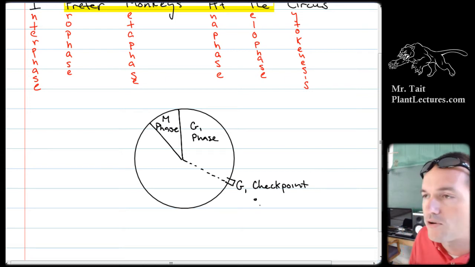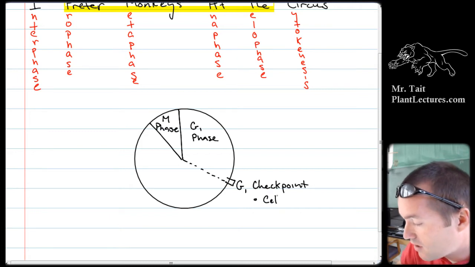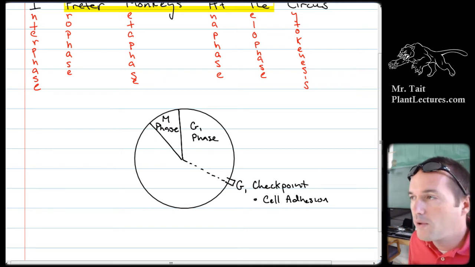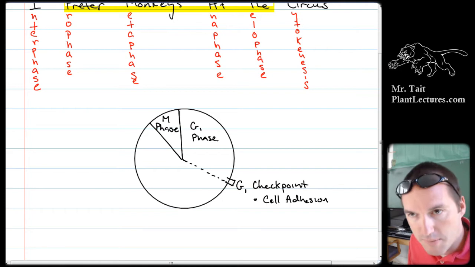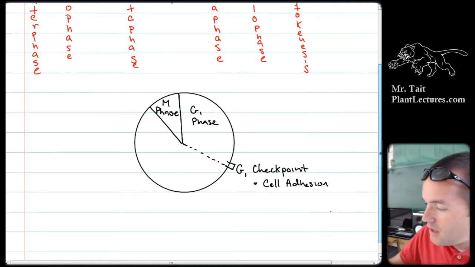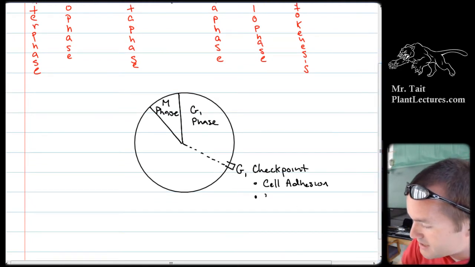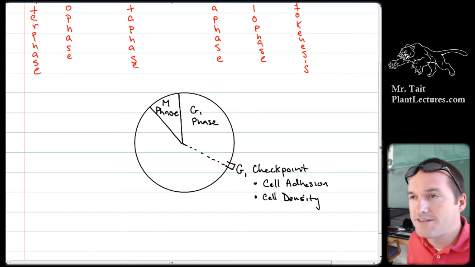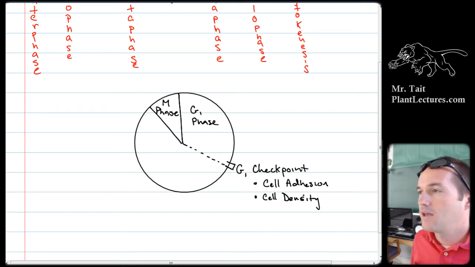It's going to check for cell adhesion. Meaning, is this cell attached to the extracellular matrix? Are we around other cells that we're supposed to be around? Okay? It's also going to check for cell density. Is there enough room around this cell for us to divide again? Okay? Or is this going to be a crowding situation?